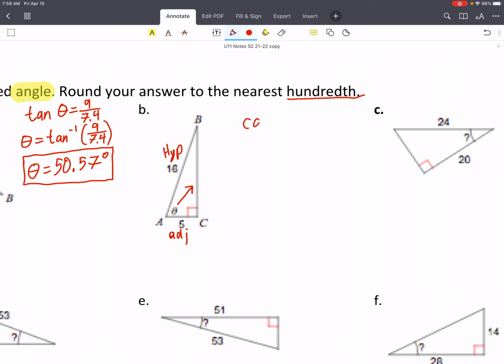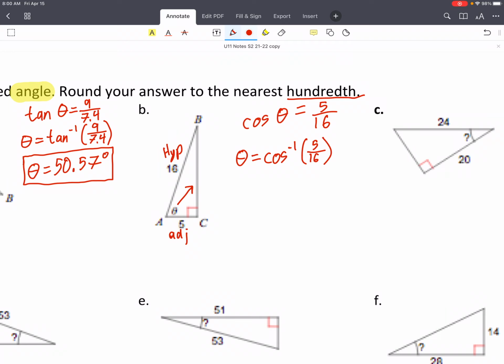So our cosine of theta would equal 5 over 16. But we're solving for theta, so our theta would equal the inverse cosine of 5 over 16.